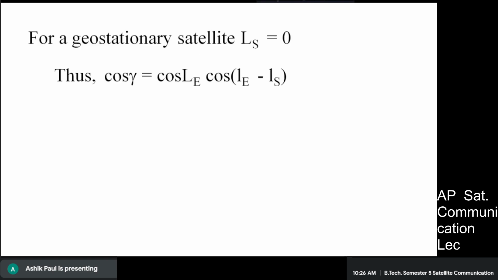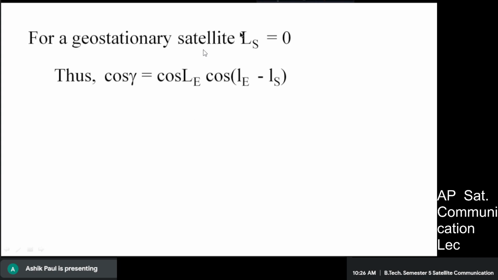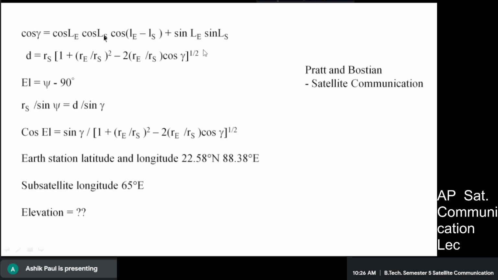So, in that last expression for the calculation, you see for a geostationary satellite, this subsatellite point north latitude will be 0. So, that term will simplify. Because of this ls being 0, this entire second term will be 0.